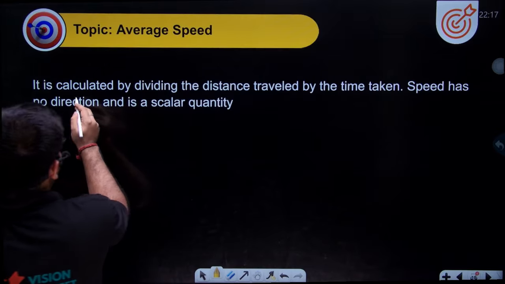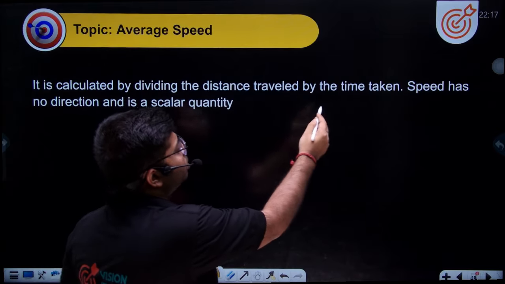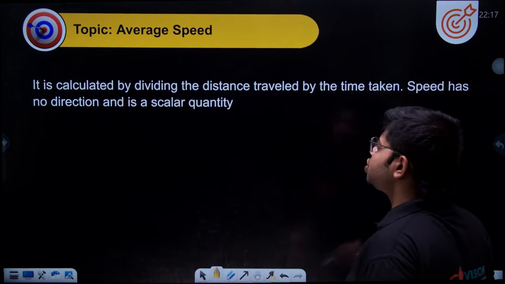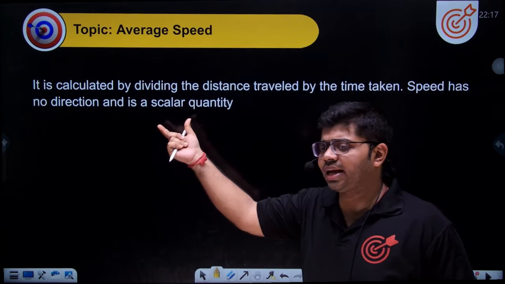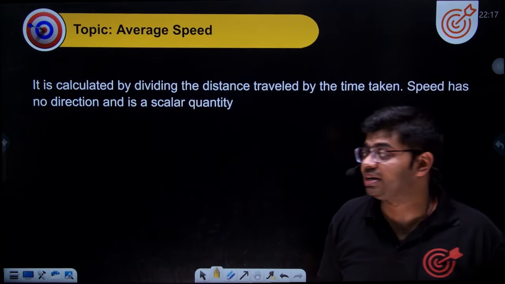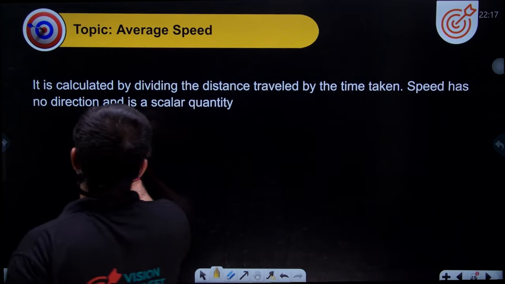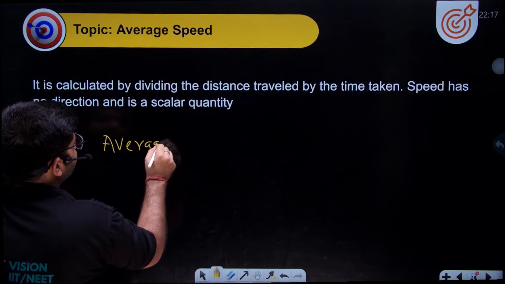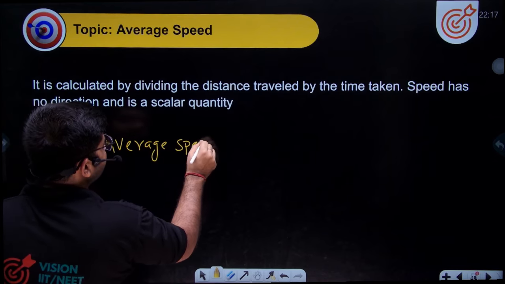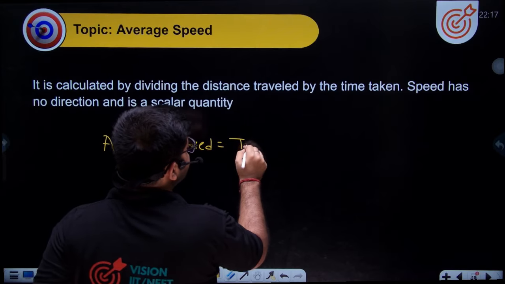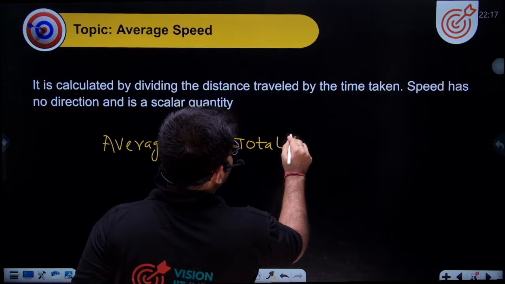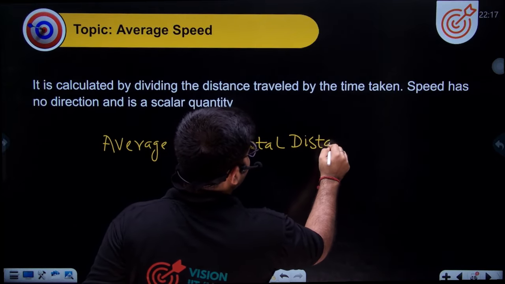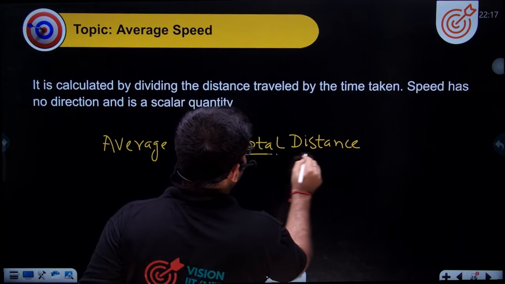Speed has no direction and it is a scalar quantity. This we have already seen. So average speed is total distance by total time.